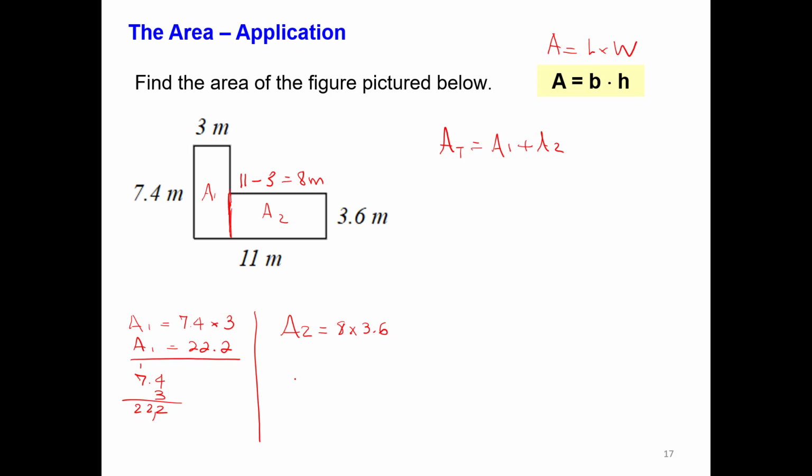And area 2 will be, let's multiply 3.6 times 8. 8 times 6 is 48. Carry the 4. 8 times 3 is 24, plus 4 is 28.